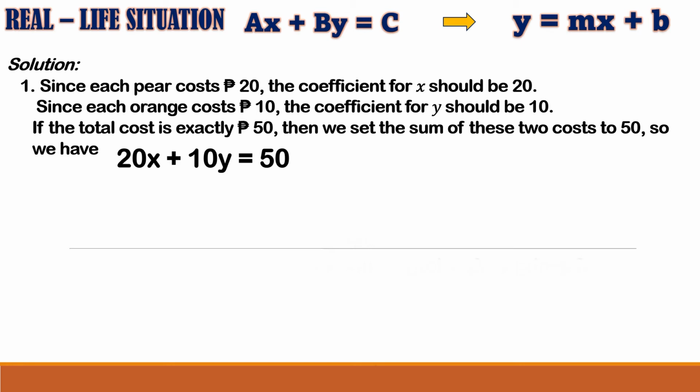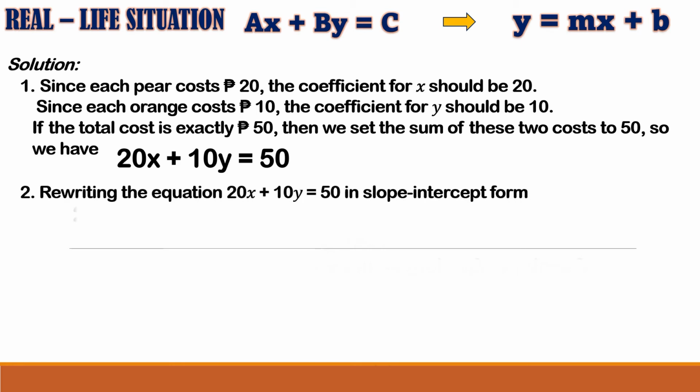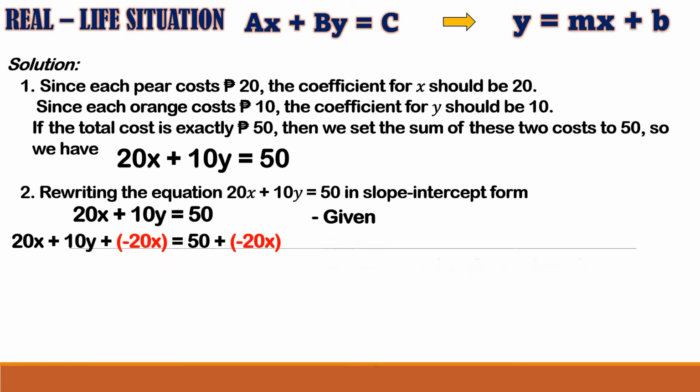And for number 2, we're going to rewrite 20x plus 10y equals 50 in slope-intercept form. So we have the given equation 20x plus 10y is equal to 50. Next, we're going to eliminate 20x on the left side of the equation by applying the addition property of equality.